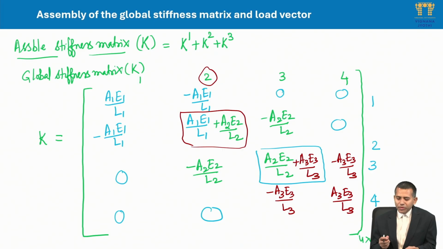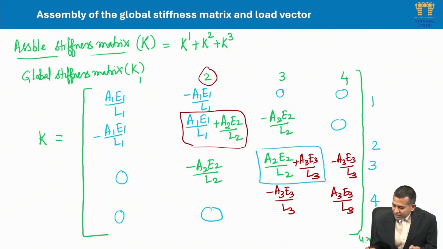Now a couple of points you have to understand when you talk about the global stiffness matrix. First, the size of the global stiffness matrix always depends upon the total degrees of freedom of a given system. Since here we have 4 nodes and each node has only 1 degree of freedom, the total degrees of freedom of the system is only 4.